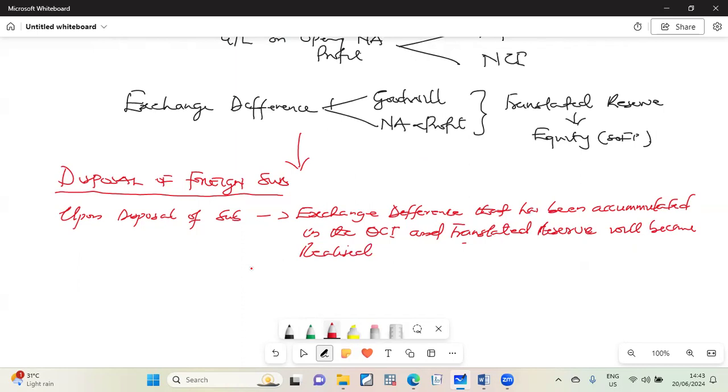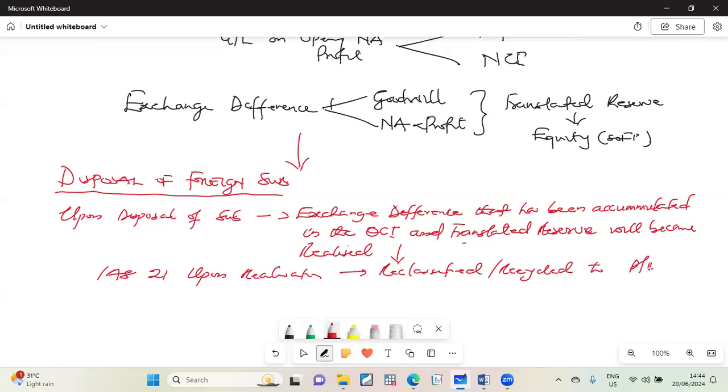And if it is realized, IAS 21 requires that upon realization, the differences are reclassified or recycled, whichever word you want to use, to P&L, or let me say SPL.